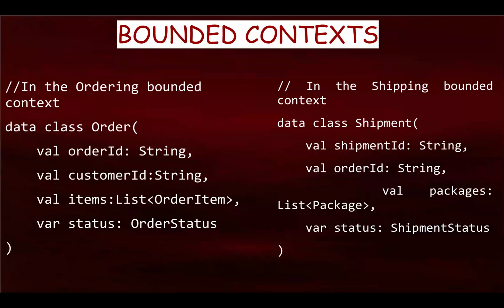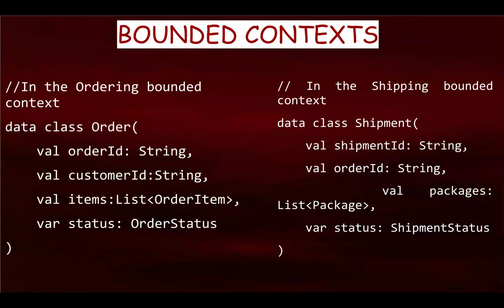So let's look at this example. We have a data class order in the ordering bounded context. And also we have another order in the shipping bounded context. So under shipping, the order ID represents the logistics, because in a shipping company you are looking at tracking the location of your goods.